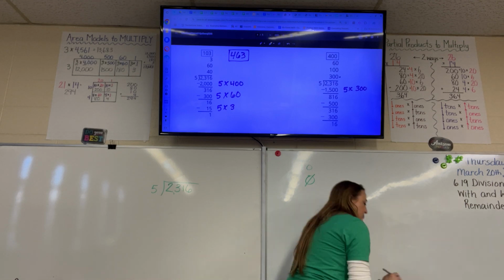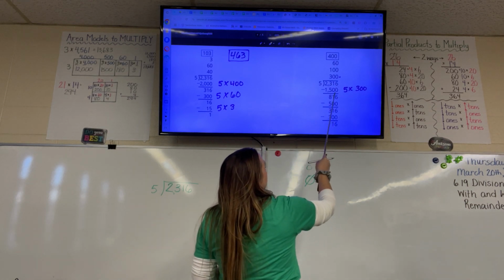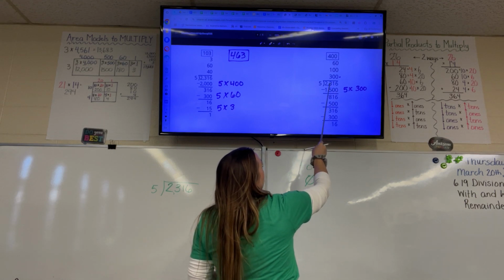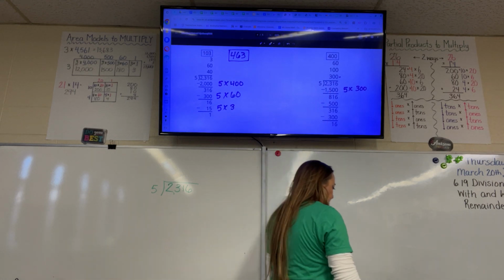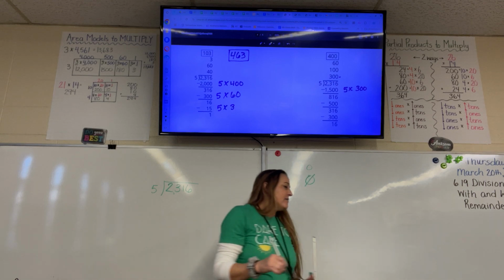And then did the subtraction. 6 minus 0 is 6. 1 minus 0 is 1. Then 3 minus 5, we would have to turn that into a 13. 13 minus 5 is 8. All right, then she subtracted 500.